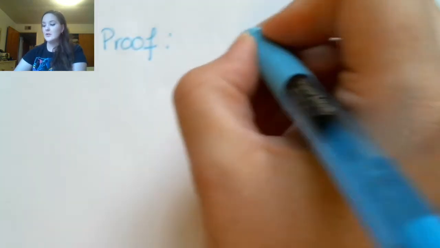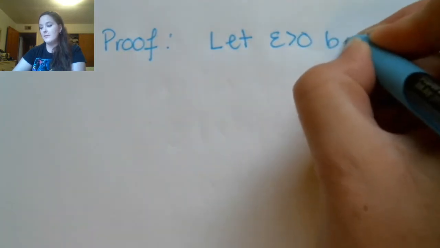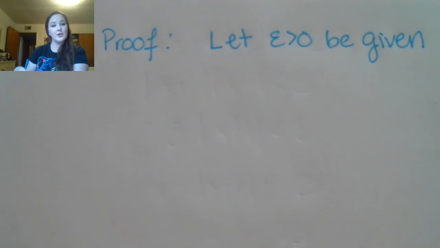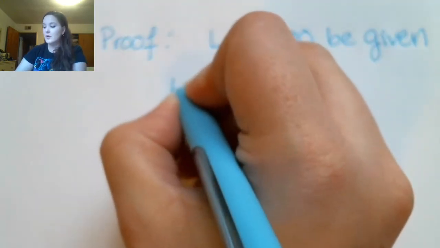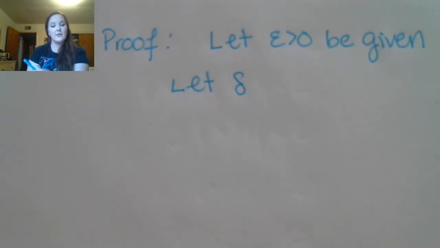Now the first thing we're going to do before we start our normal epsilon delta proof is talk about how to bound the absolute value of x plus 1. We're going to start the same way we always do, which is let epsilon greater than 0 be given. Then we're going to state our choice for delta. Remember, we want it to be epsilon over 3, but we also want it to be less than 1.